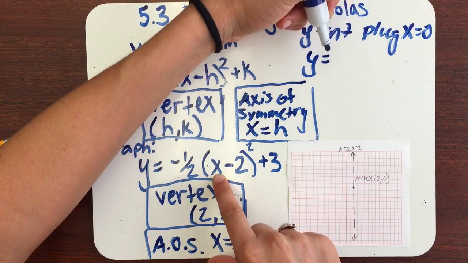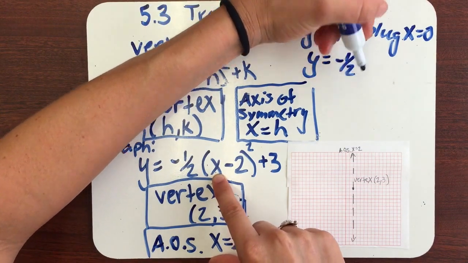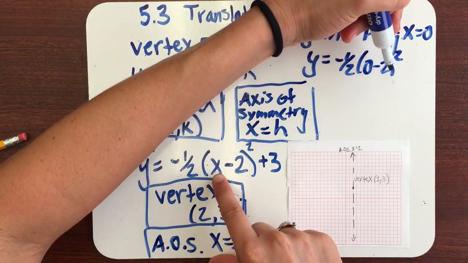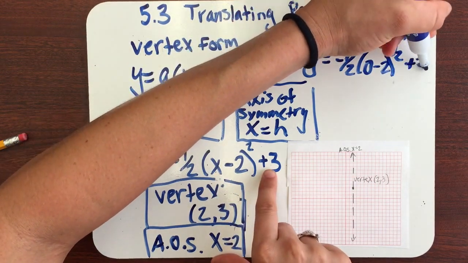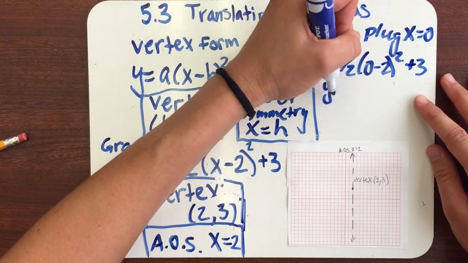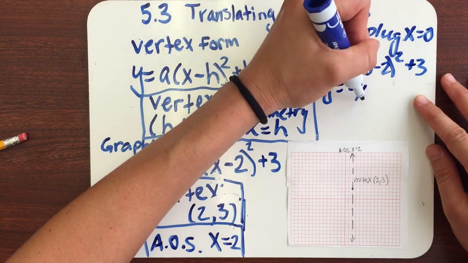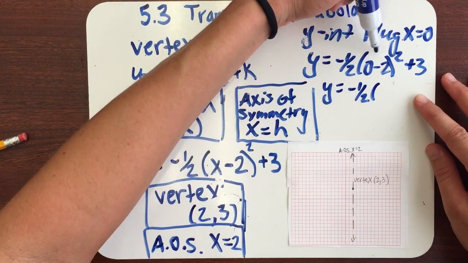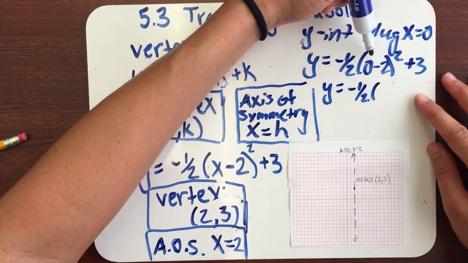So therefore we get y is equal to -1/2 times (0 minus 2) squared plus 3. We'll use order of operations here. So y is equal to -1/2, and 0 minus 2 is -2. We had to do parentheses first for PEMDAS.